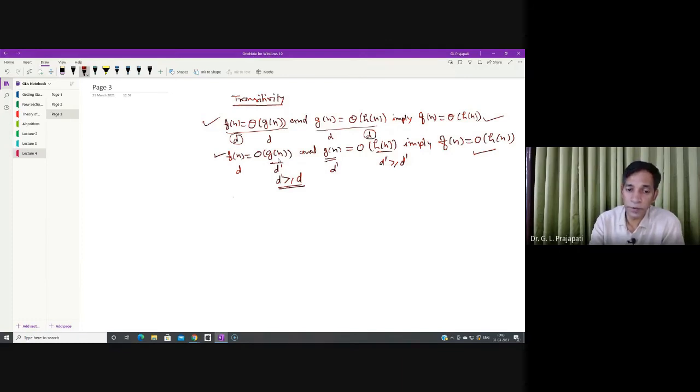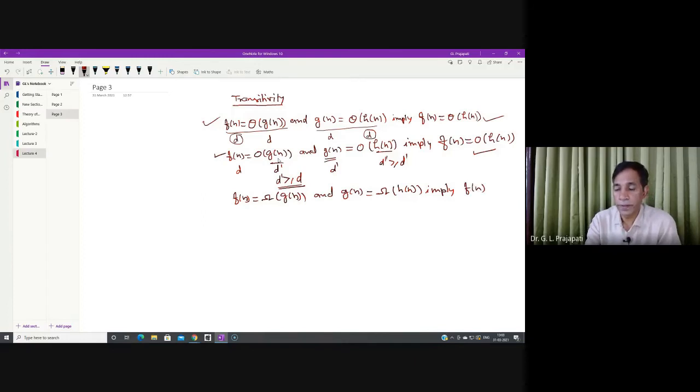Similarly, if you have f of n is big omega of g of n, and g of n is big omega of h of n, this implies, can you say here f of n is big omega of h of n?